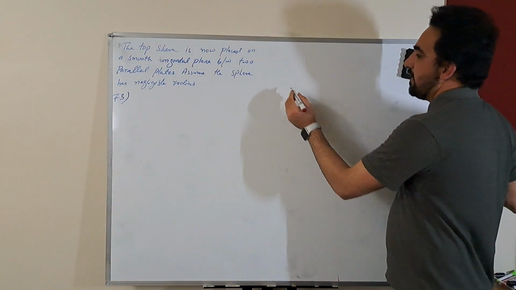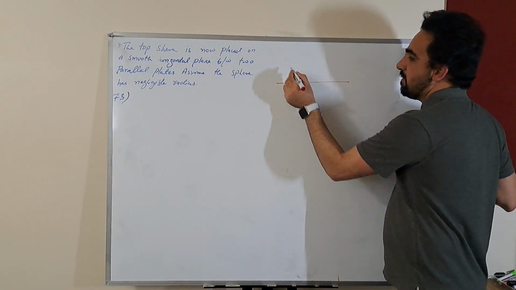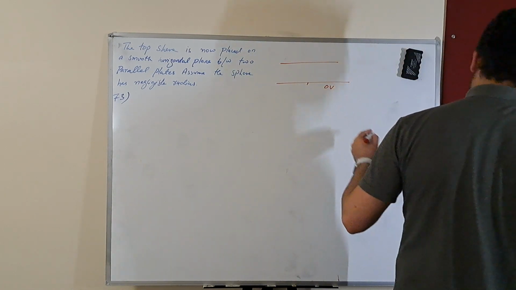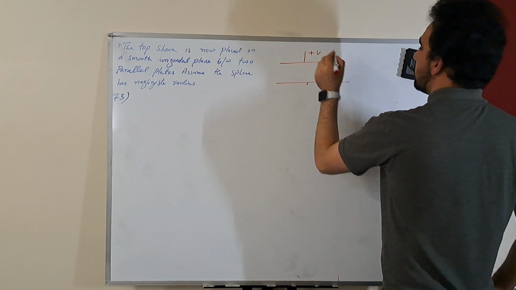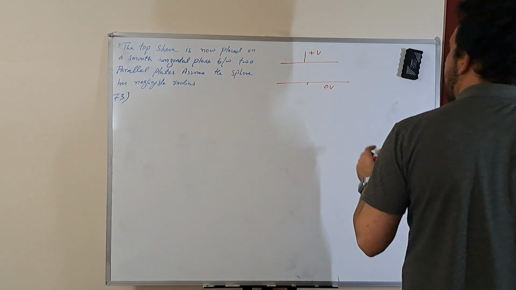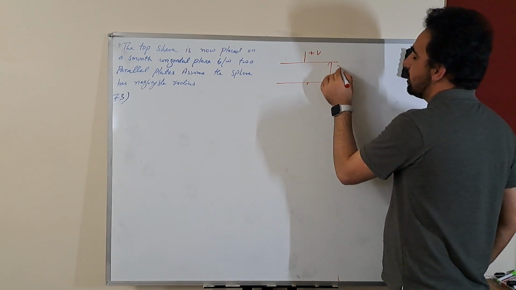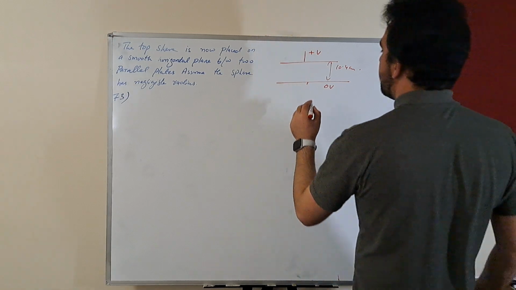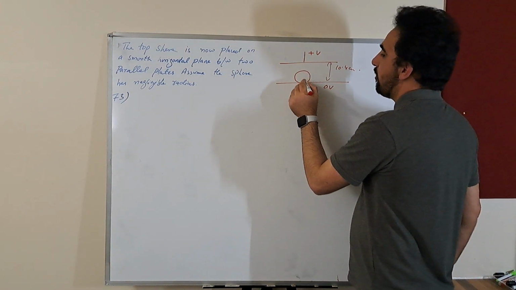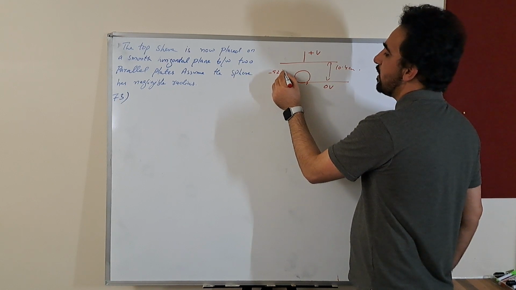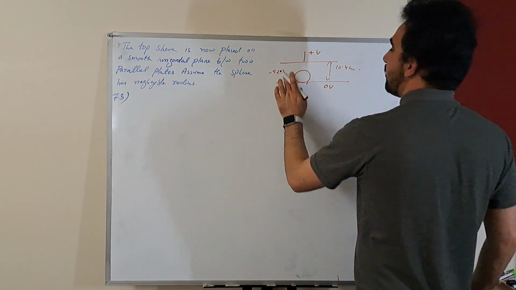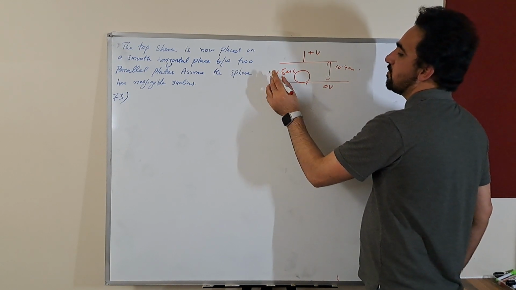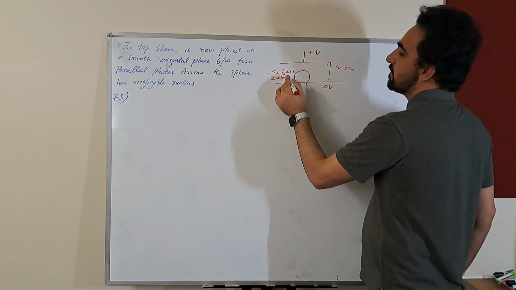We got two parallel plates. This plate is at 0 volt and this plate has some higher potential value, and the distance between two plates is 10.4 centimeters, and the sphere is placed here, which has charge minus 92.5 microcoulombs and mass of 0.203 gram.